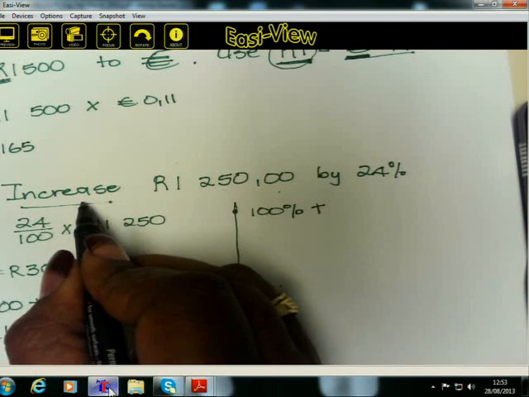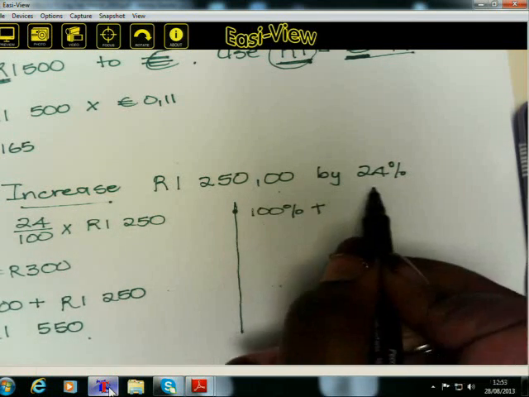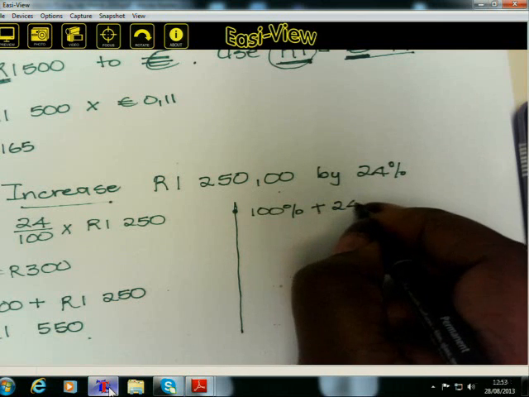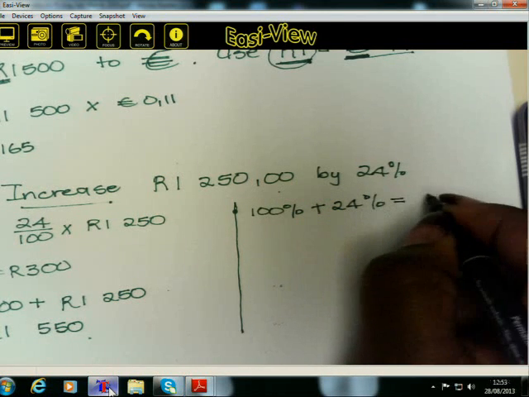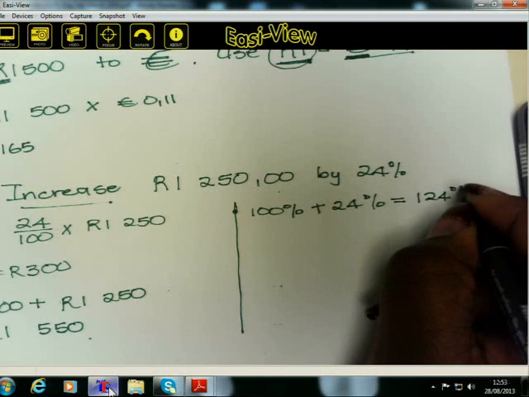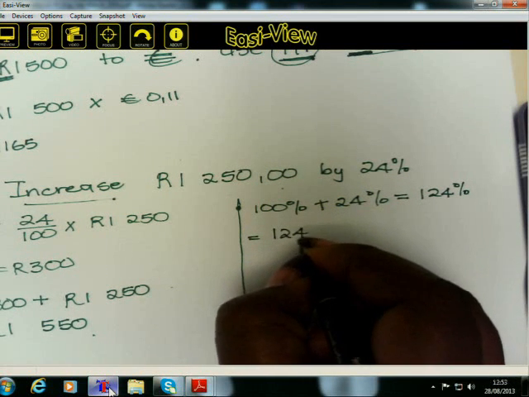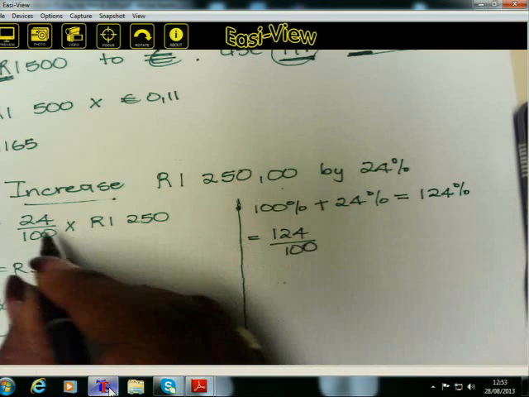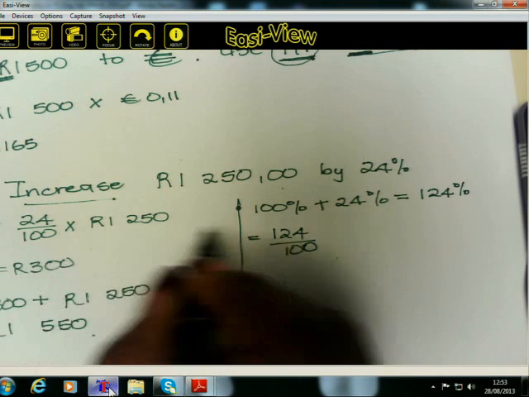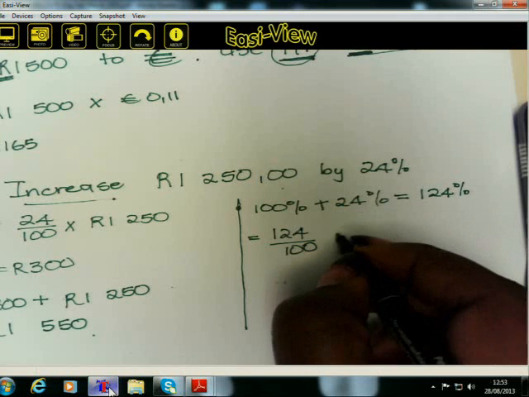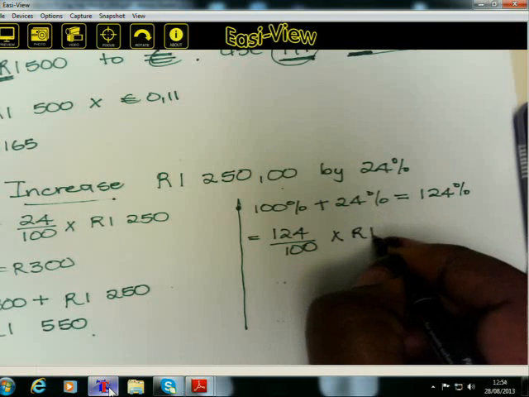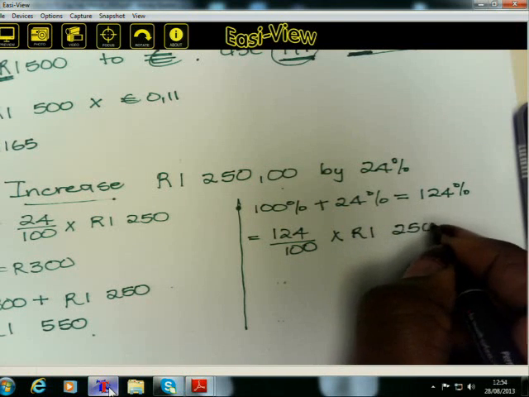Other learners may use another method, deciding to say our 1,250 represents 100%, so because we have to increase this 1,250 by 24%, they will add the 24%, and this will give us 124%. The next step will then be 124 divided by 100, just like we did there, but in this case we have already added with the percentages. We multiply that with the 1,250.